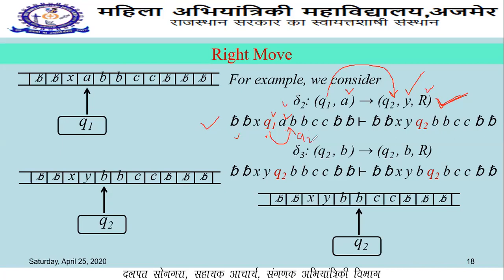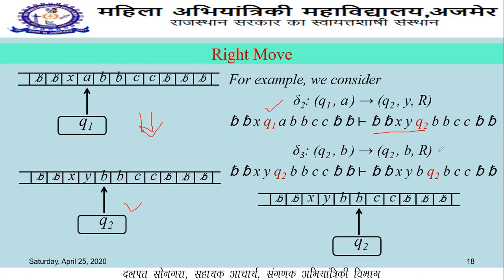And this A is overwritten by Y, and the q2 is in between Y and B like this. So we have applied this delta 2. I hope this is clear. From this scenario we come to this after applying delta 2.